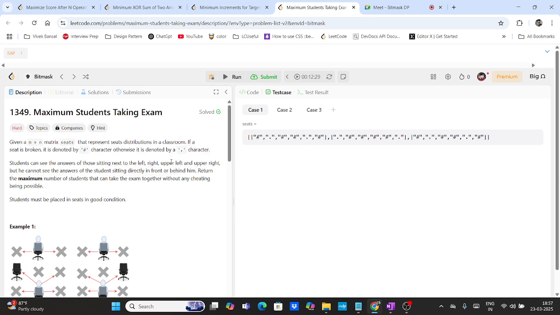Cross matrix means the difference. We will have to see. They should not be seen.